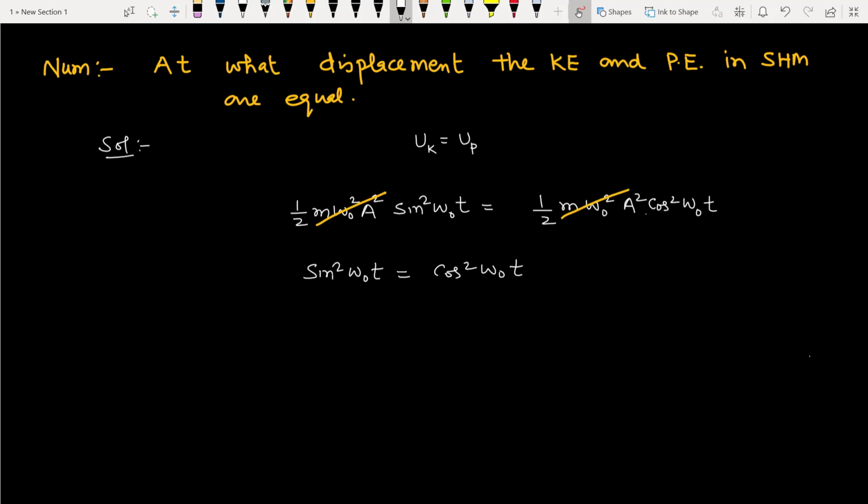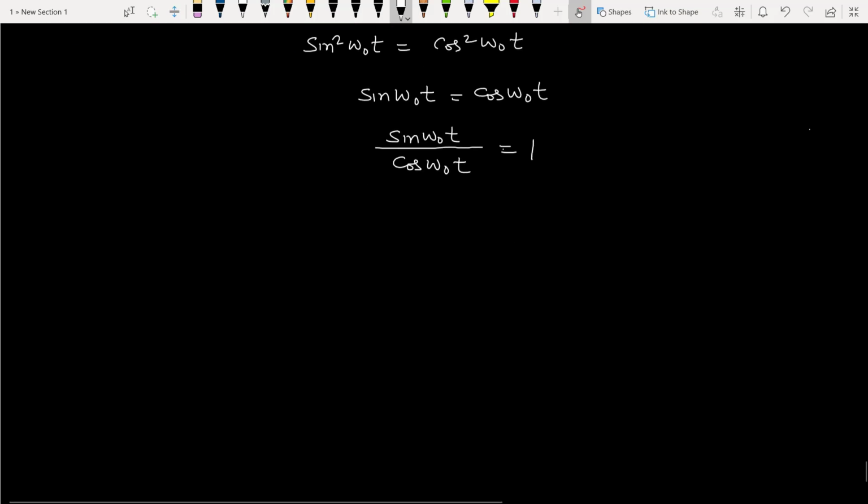Taking square root, sine omega naught t equals cos omega naught t. So sine omega naught t divided by cos omega naught t is equal to 1. So tan omega naught t is equal to 1. So omega naught t will be pi by 4.